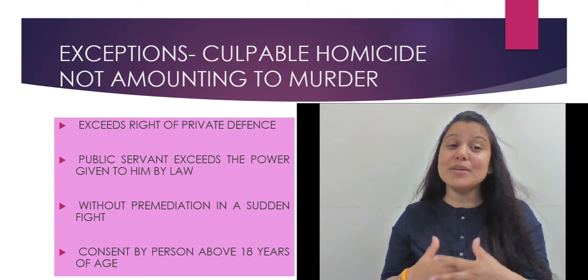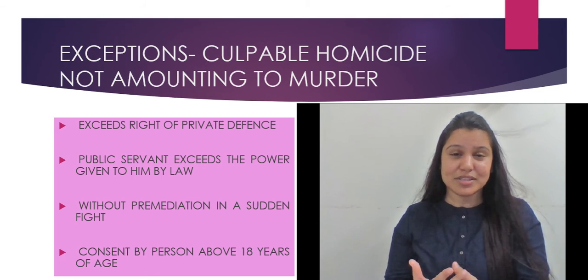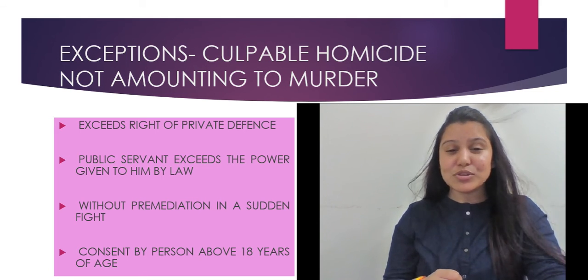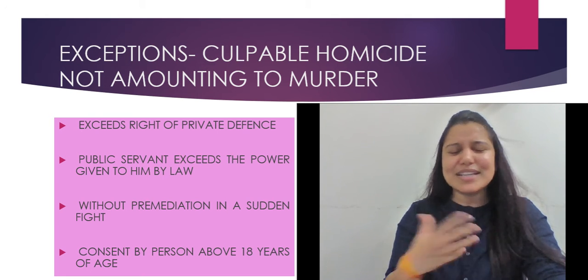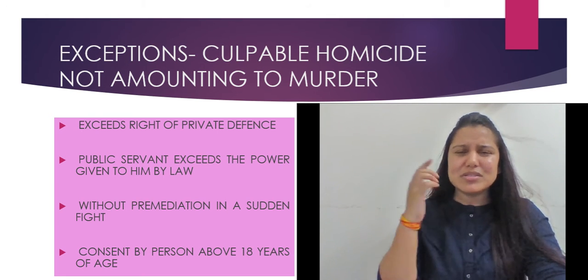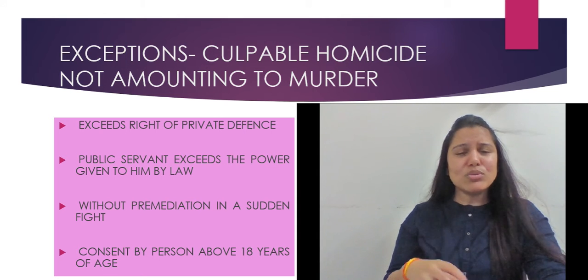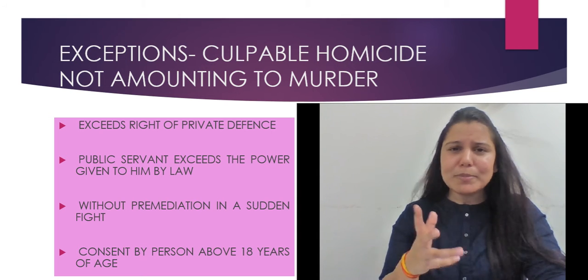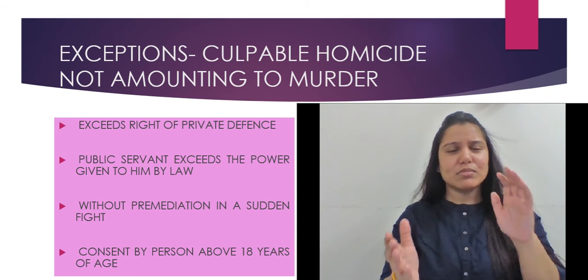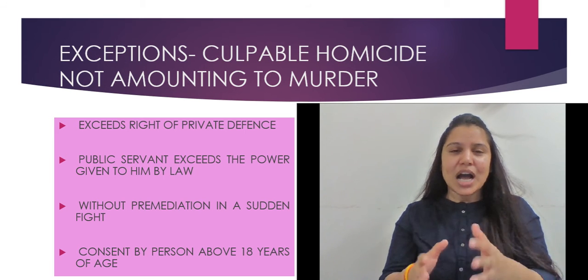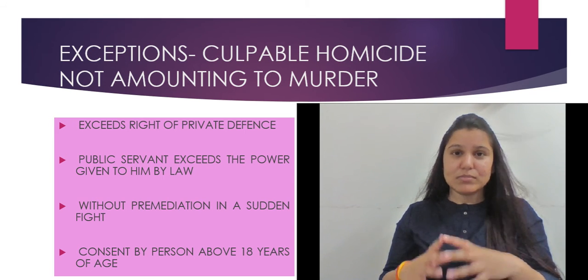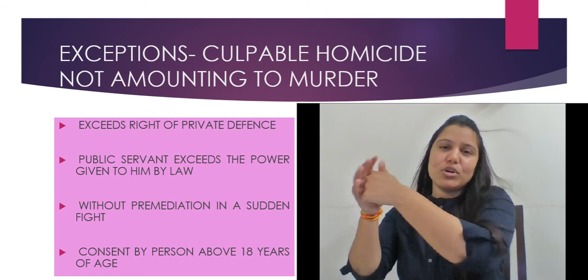Then, without premeditation in a sudden fight. Now this very exception is about sudden fight. On the roads you generally see people fighting suddenly, without any previous knowledge. Suppose two people have started fighting, there was an overtake or something, they both stopped and started fighting, and A pushed B on the road.